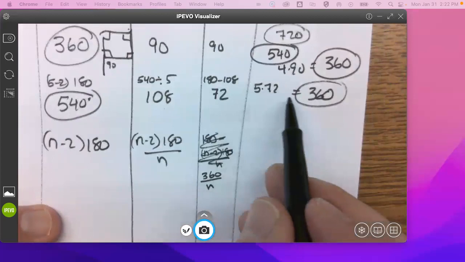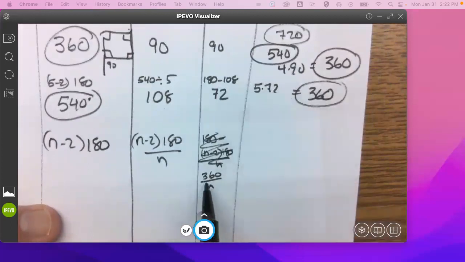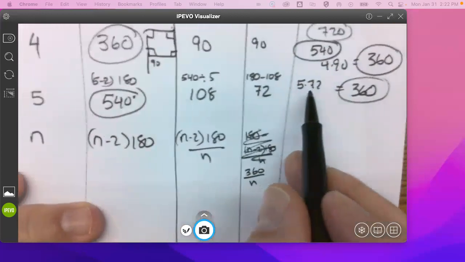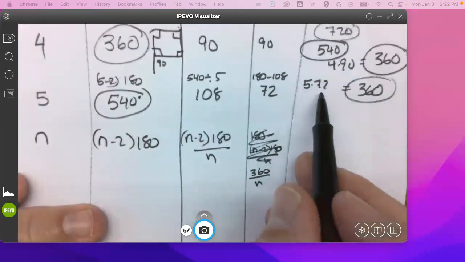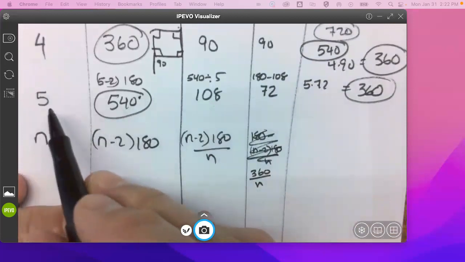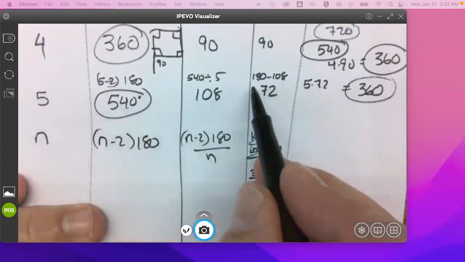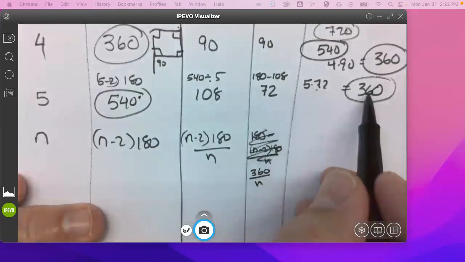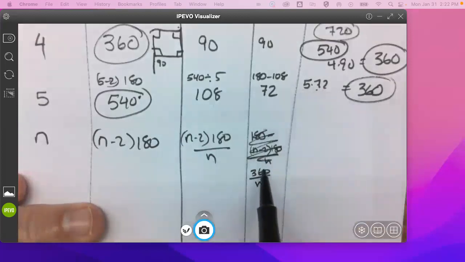And then what would be the sum of all my exterior angles? How did I do it here? 5 times 72, because there's 5 sides, which means 5 angles. If each exterior angle is 72, then all 5 of them would make 5 times 72, which is 360. This is one exterior angle.